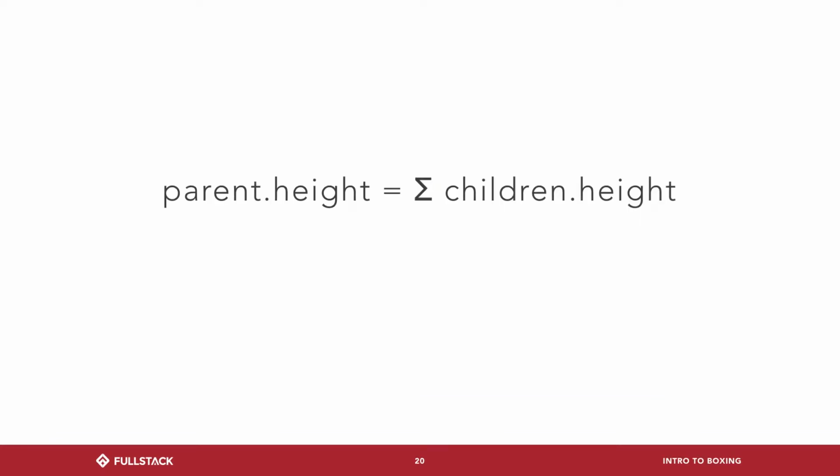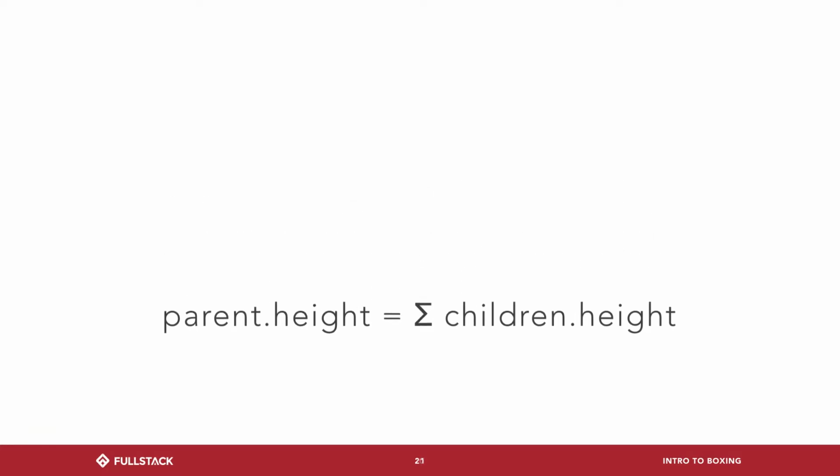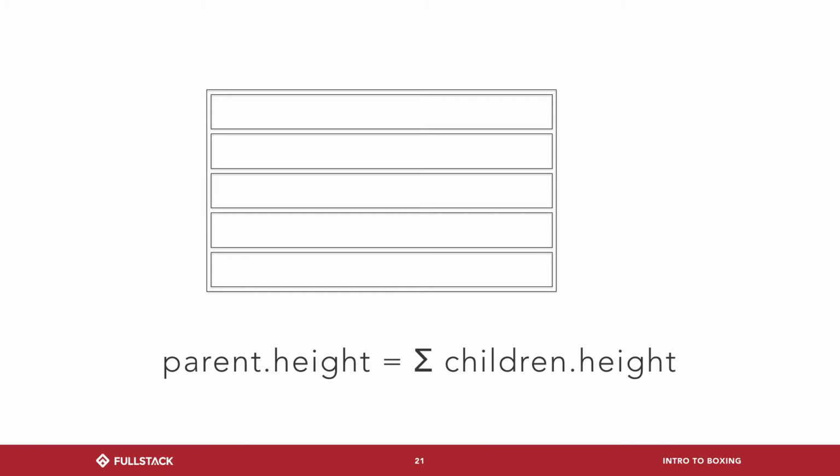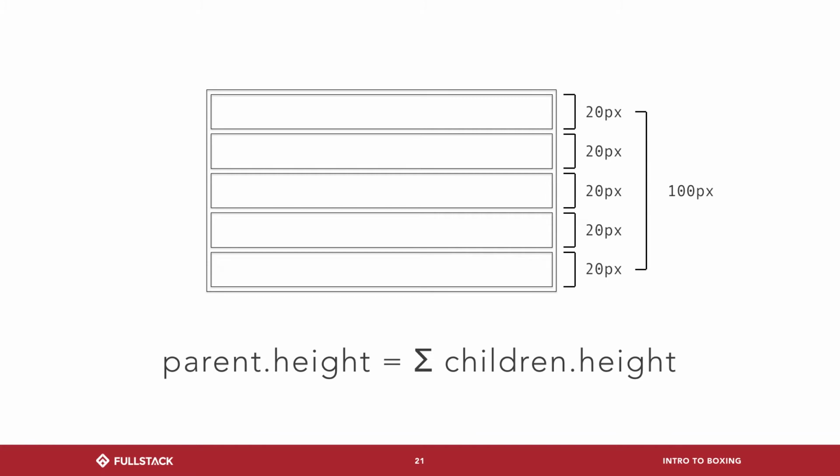Okay, so by default, the parent height is the sum of the children's height, and similarly its width is the largest of the children's width. This is for a parent that is flowing its children normally.